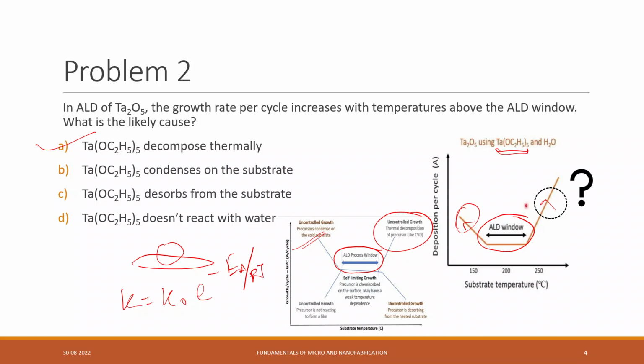And sometimes at high temperatures the precursor desorbs and escapes the wafer. So the main thing is, in this condition we get uncontrolled growth, and this trend is shown when the precursor is decomposing thermally. Okay, I hope everybody got it.